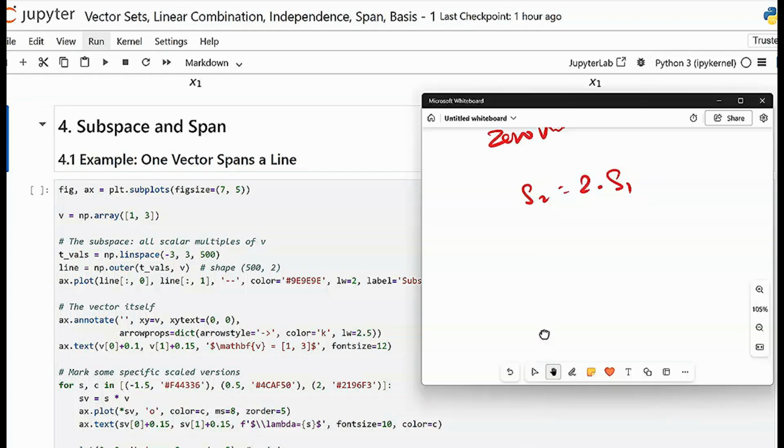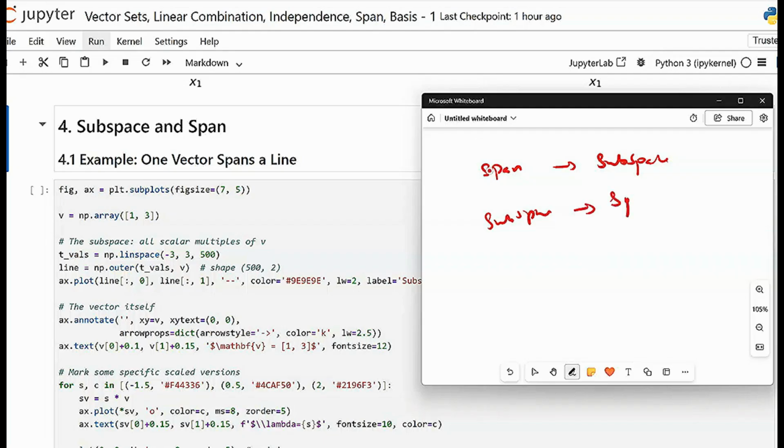And dear friends, one thing I want to let you know: think about span as a verb, and think about a subspace as a noun. The result of spanning is a subspace.